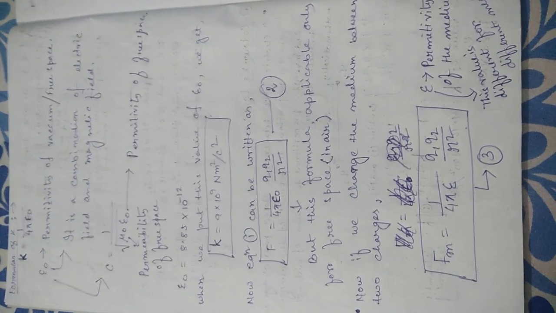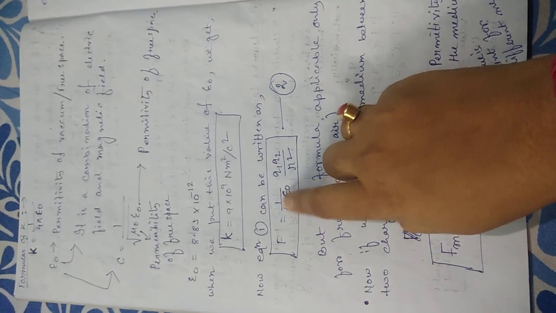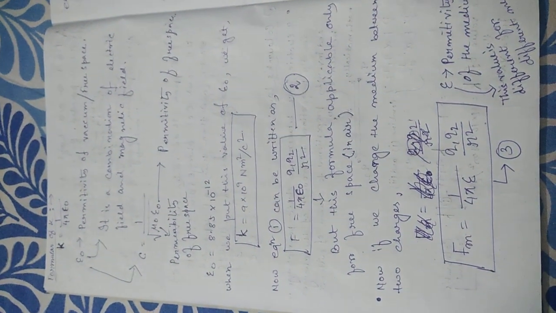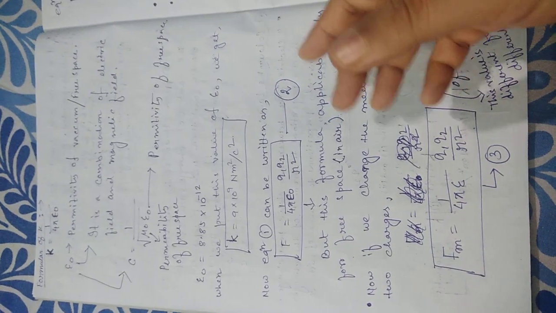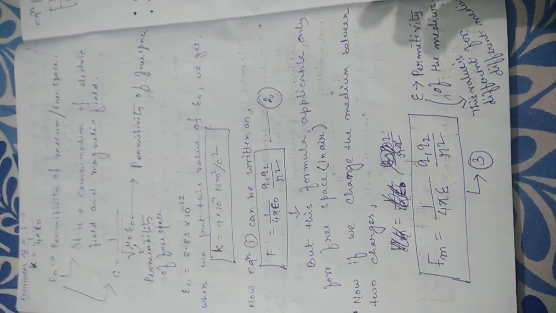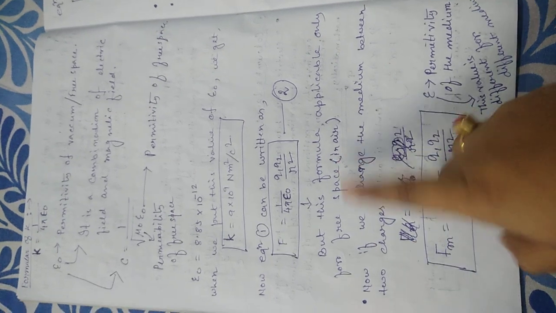But if the medium is different, such as water, kerosene or glass, then this value will change, because epsilon naught represents the permittivity of vacuum or free space. Free space means air. Now if we change the medium between the two charges, either kerosene, diesel, glass or water, then what can we write? Fm. Fm means force in that medium.